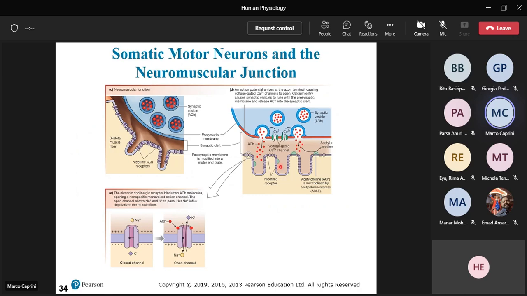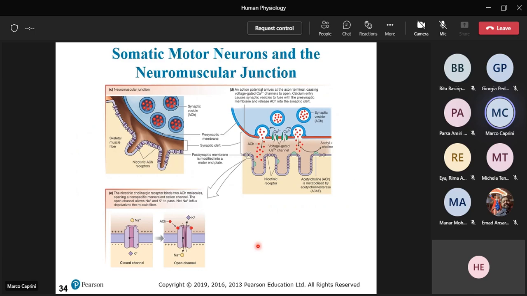I will explain this point better, but in any case, you have to keep in mind the EPP, the end plate potential, that is an electrical stimulus, needs to move from the top of the muscle to the internal part of the muscle in order to contract all the muscle fiber. And at the end, to release calcium that combines with troponin to initiate the contraction.